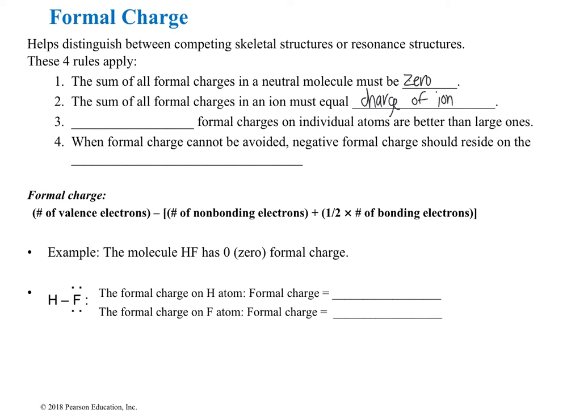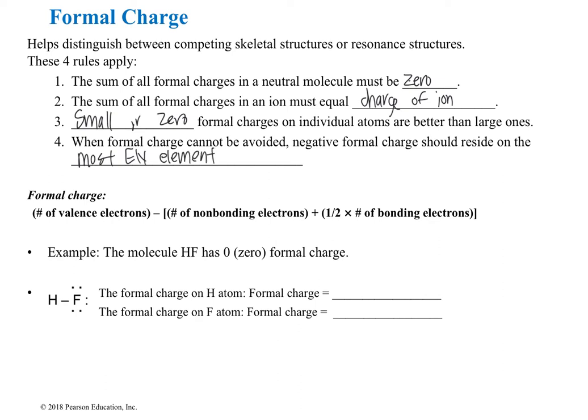We're looking for small or 0 formal charge. And when you have to have a formal charge on one of your atoms, the negative formal charge should be on the most electronegative element.